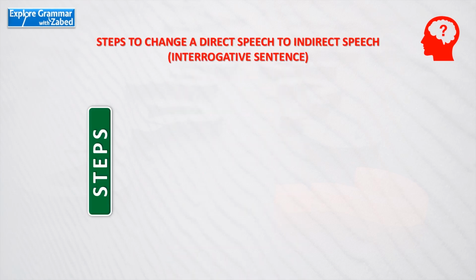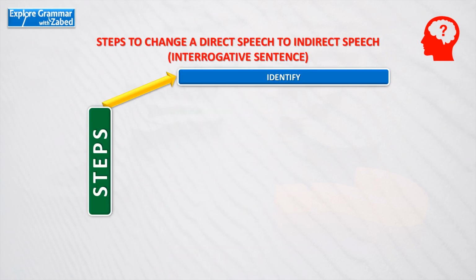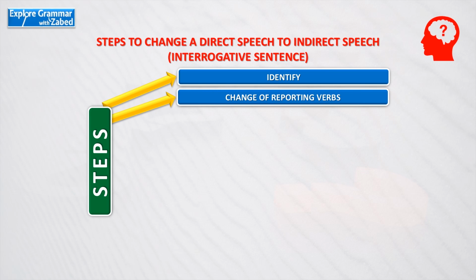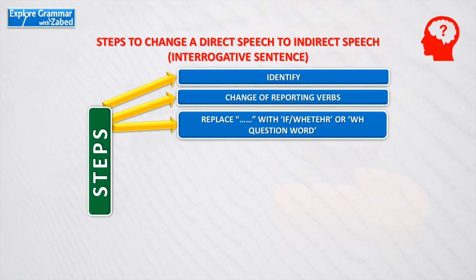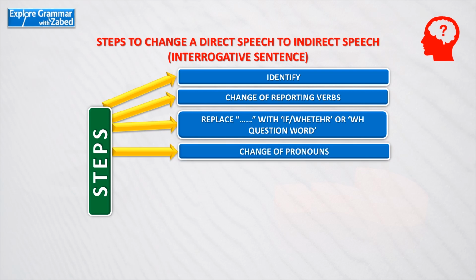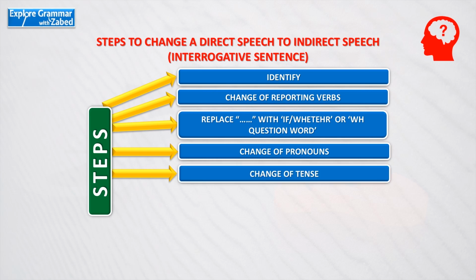To convert any interrogative sentence from direct speech to indirect speech, please follow the following steps. First step is identify. Here you will identify subject, object, reporting verb, person and tense of the reported speech. Second step is change of reporting verbs. Third step is removal of inverted comma with if or whether or WH question word. Fourth step is change of pronouns.